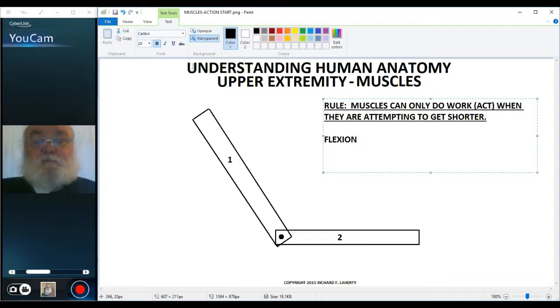Flexion is defined as when the angle between two bones is decreased.